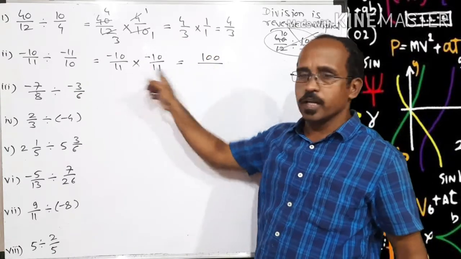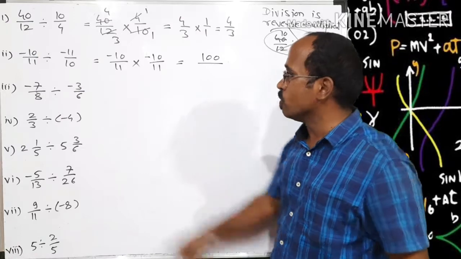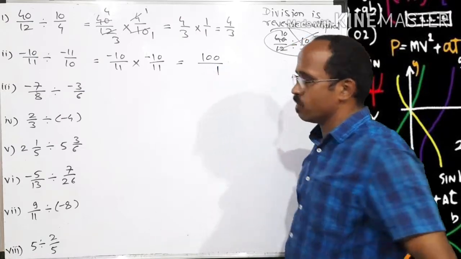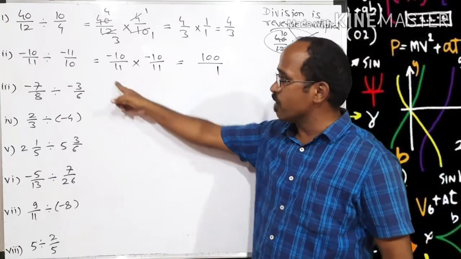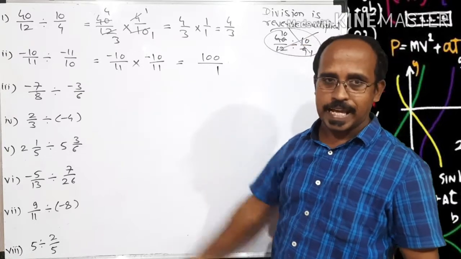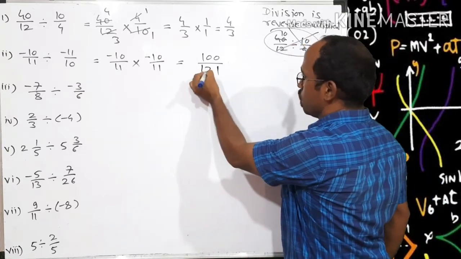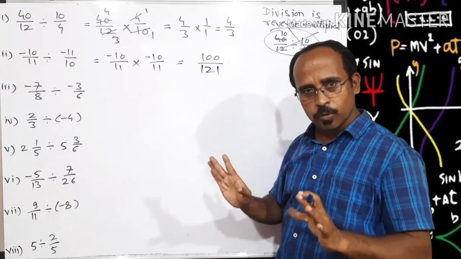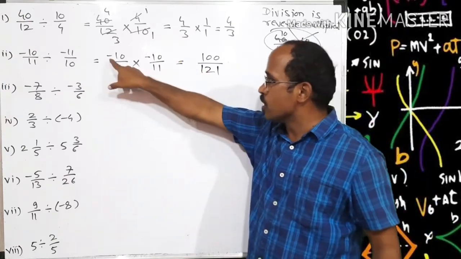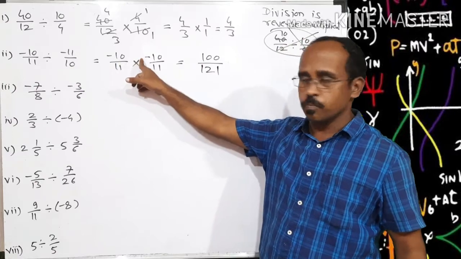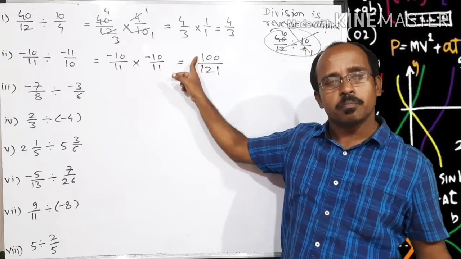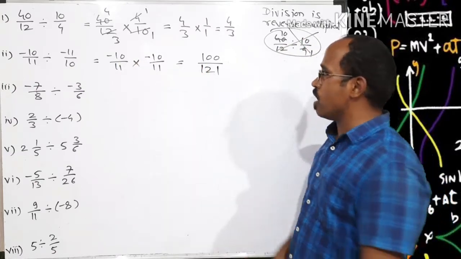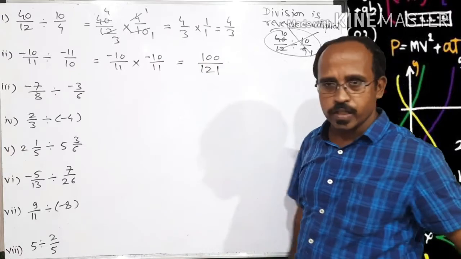Denominator by denominator, 11 into 1, 11, 1 is the carry. Again 11 into 1, 11, plus that carried 1, 12. So the multiplication is 100 upon 121. Clear up to this? Now the symbols: minus into minus is plus. So this 100 is plus, right? So our answer is plus 100 upon 121.